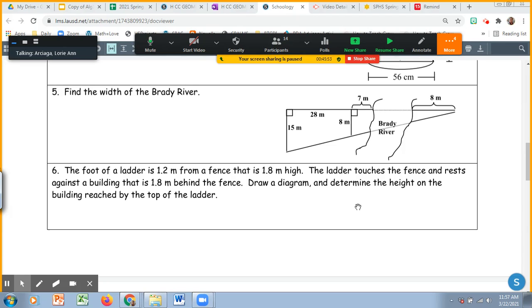But if you don't want to do that, you can leave the picture as it is and just sketch the triangles based on the picture that you took. But the picture is still mandatory. You have to have the picture no matter what.